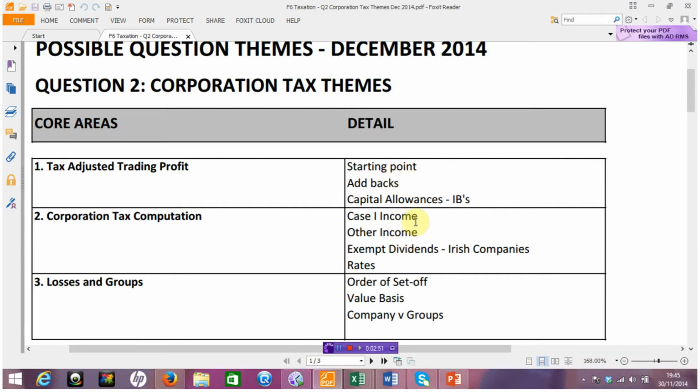So do follow the prescribed format for a corporation tax computation. Apply your rates to the relevant income, and don't forget to bring in any other income from your part 1 or from your tax-adjusted profit. That's often a mistake that I see students making. They may well deduct other income because it's not Case 1 relevant, but they'll forget to include it in a corporation tax computation.